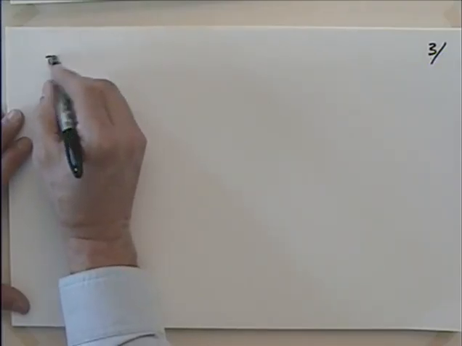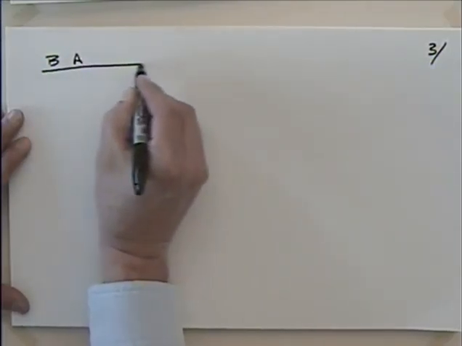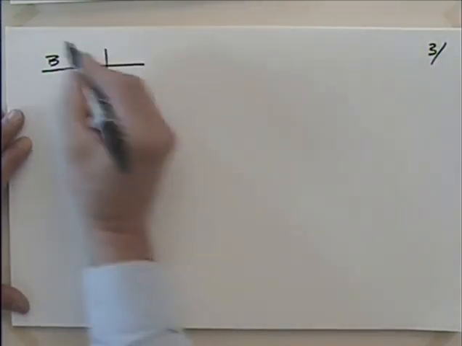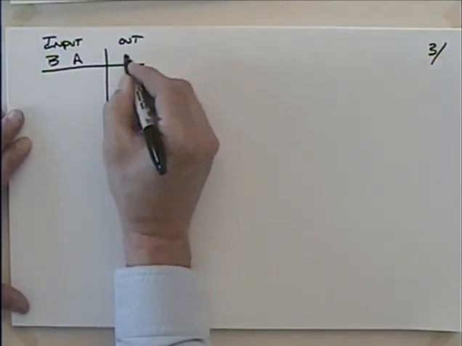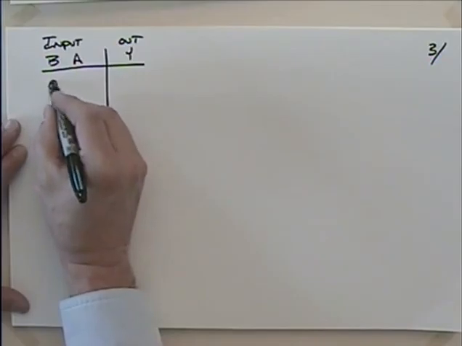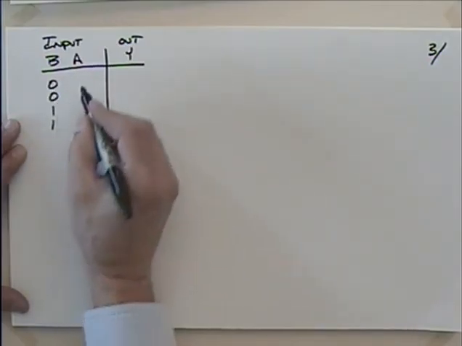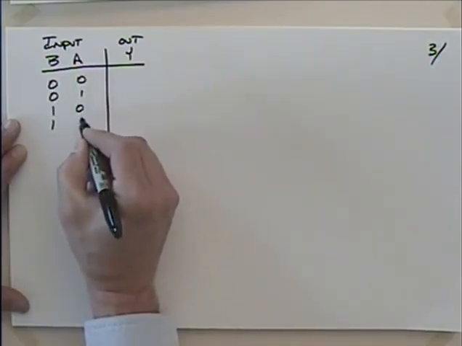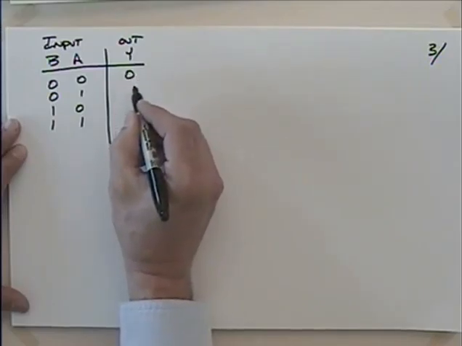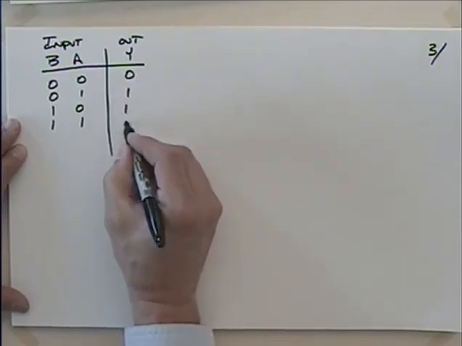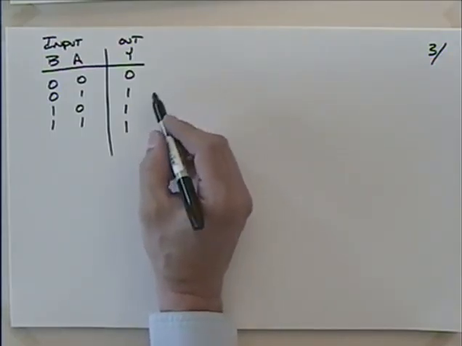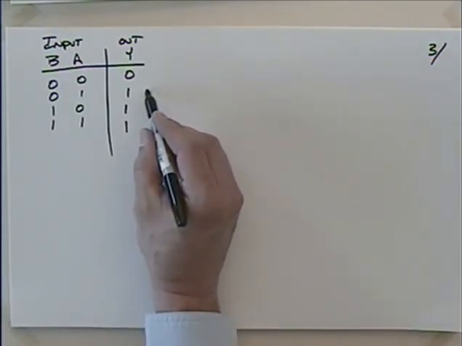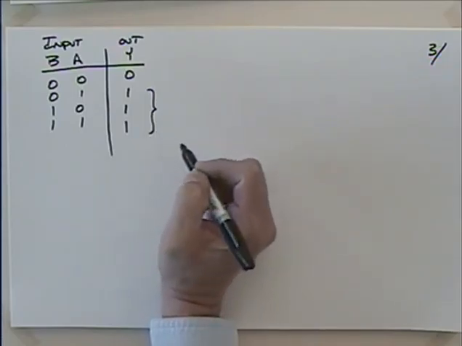So say I look at B and A. This is, of course, our inputs and our outputs. Okay, so if I wanted to look at the min-term expression, I'd have to look at these ones, wouldn't I?